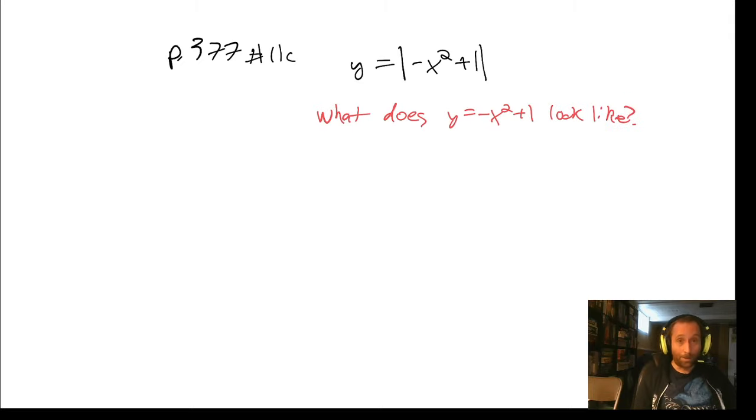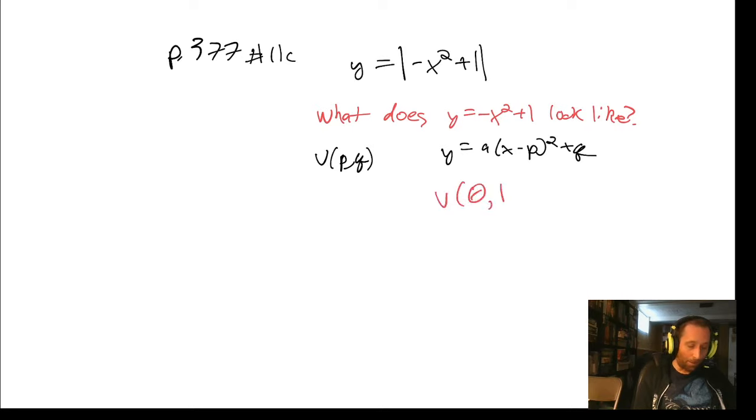Would you believe that this one is also in vertex form? This form of a times (x minus p) squared plus q, which has a vertex at (p, q). The vertex for this problem is at (0, 1).